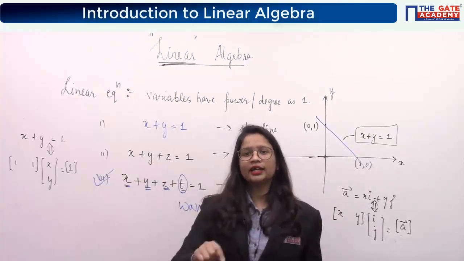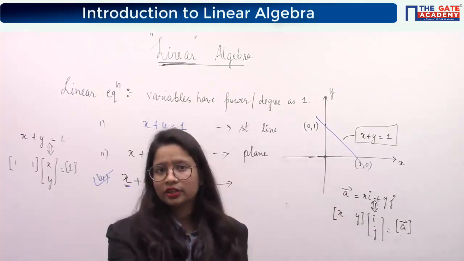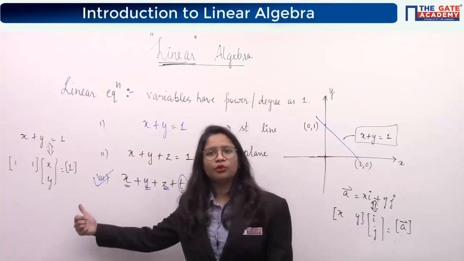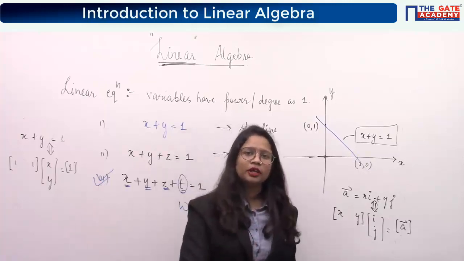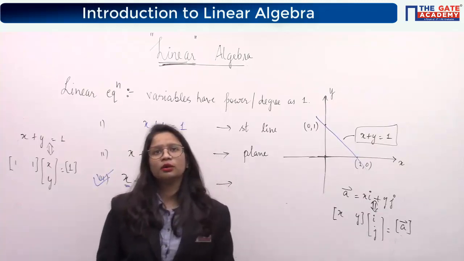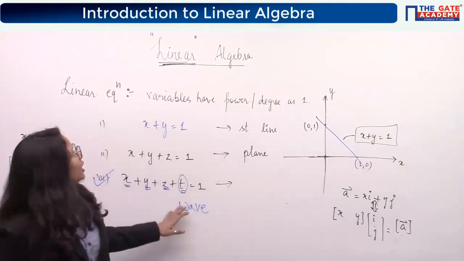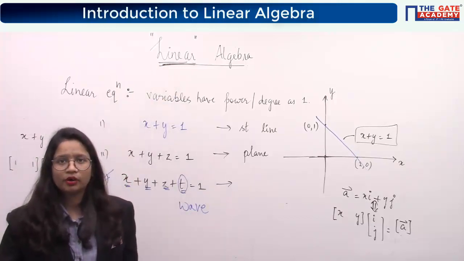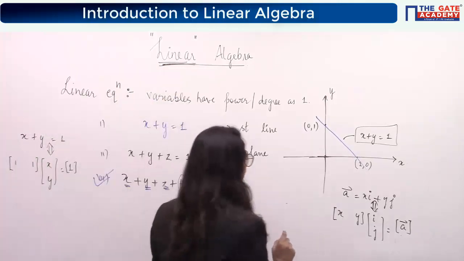That is why in linear algebra we deal with matrices and determinants, because both the vector format and the Cartesian format can be written down in terms of matrices. So I think you understood the point why we are studying linear algebra with the help of matrices and determinants. Okay. So this is the point.